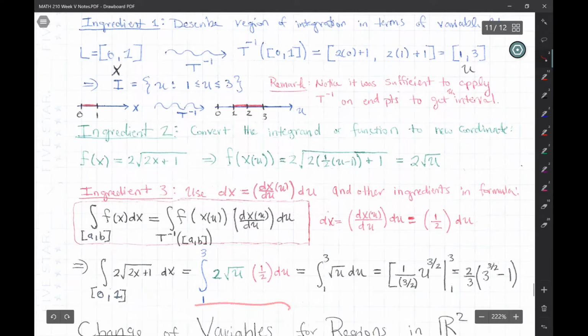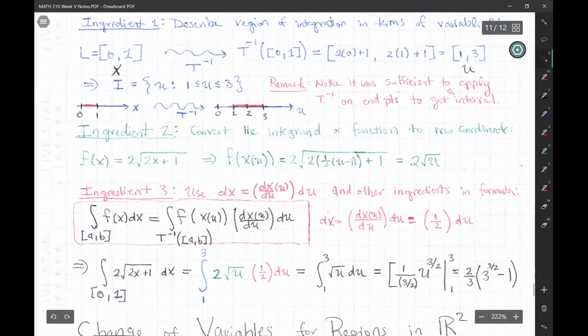Okay, so these are color-coded for ingredients, and simplifying, we have this expression here, and we may integrate and simplify to this final answer. Now, you haven't really thought about this in terms of change of coordinates. Usually it was just called u substitution. You plug and get du in terms of dx in various ways.